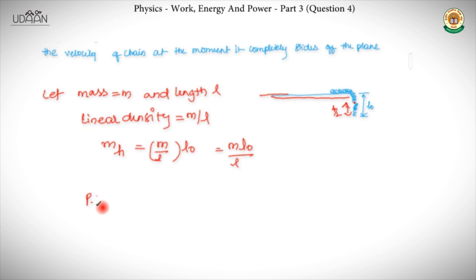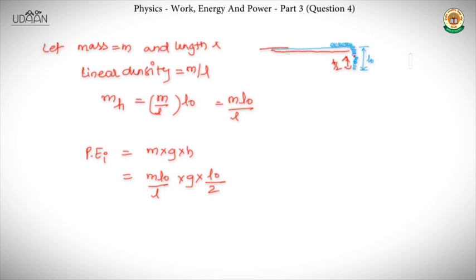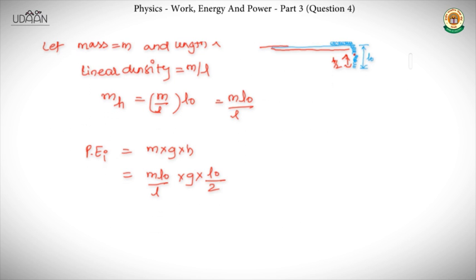So the initial potential energy of the system is mass into g into height. Here the mass of the hanging part is m l naught by l, into g, into height l naught by 2. Yes, we consider the height of the center of mass.